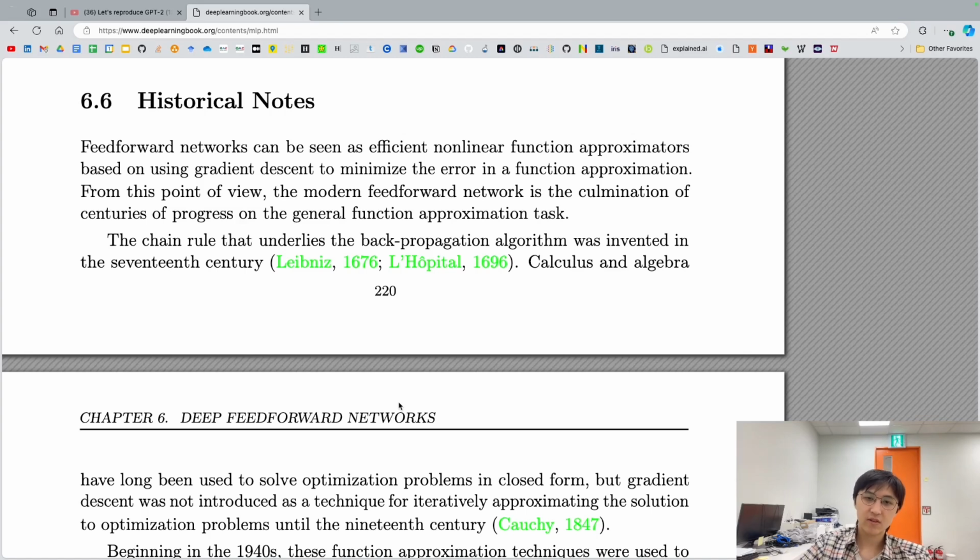And what happened is that we started in the 1940s and 1950s with linear models, and then we faced the problem of XOR, so that linear models cannot learn even simple problems. We solved that problem by using activation functions, by using feed-forward networks.